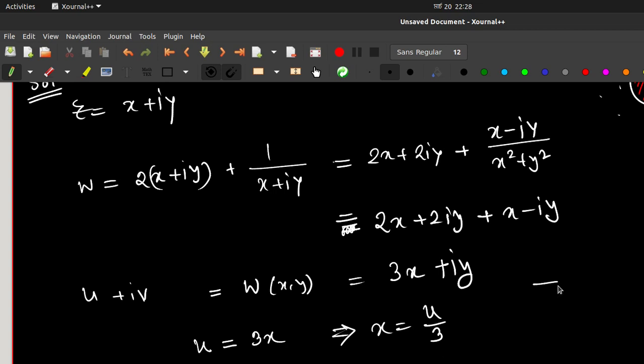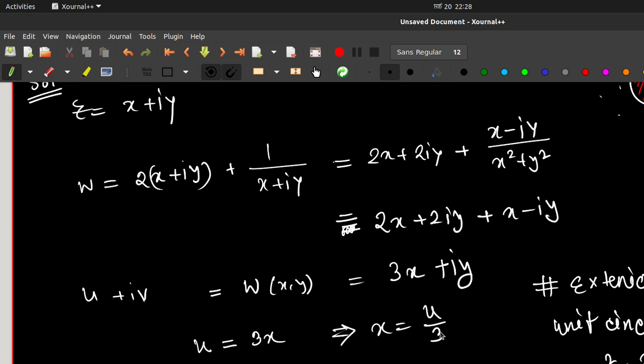Now the exterior region of the unit circle is given by x squared plus y squared greater than or equal to 1, since this is a unit circle.